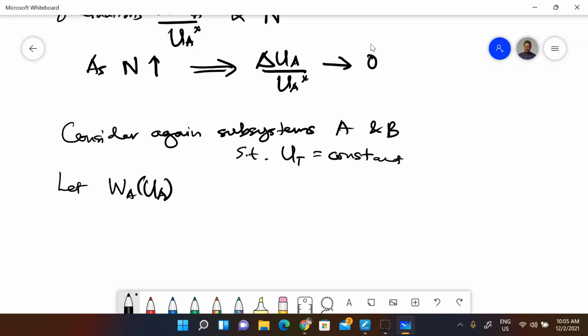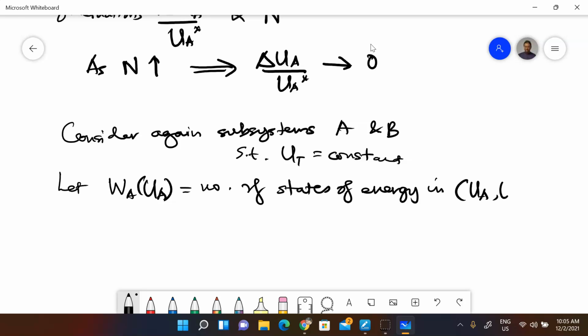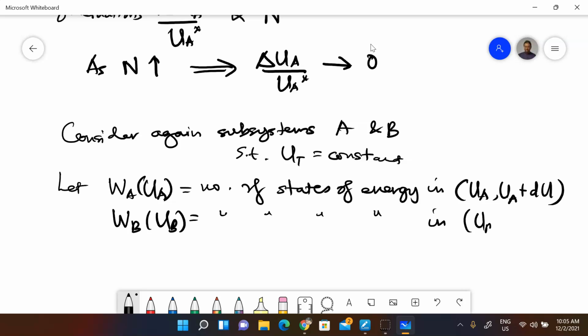Let WA of UA be the number of states of energy in this interval, UA plus dU, and WB is the same thing, number of states of energy in UB plus dU.